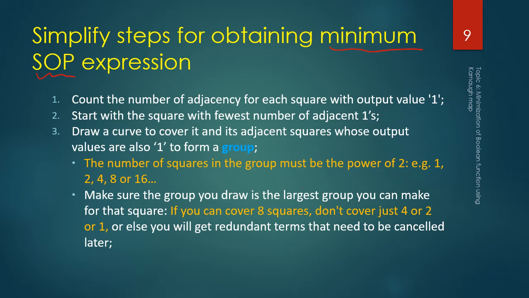Also, you need to make sure the group you draw is the largest group you can make for that square. If you can cover 8 squares, don't cover just 4 or 2 or 1. If you do, you will get a redundant term in the result, and you are not getting the minimum expression.